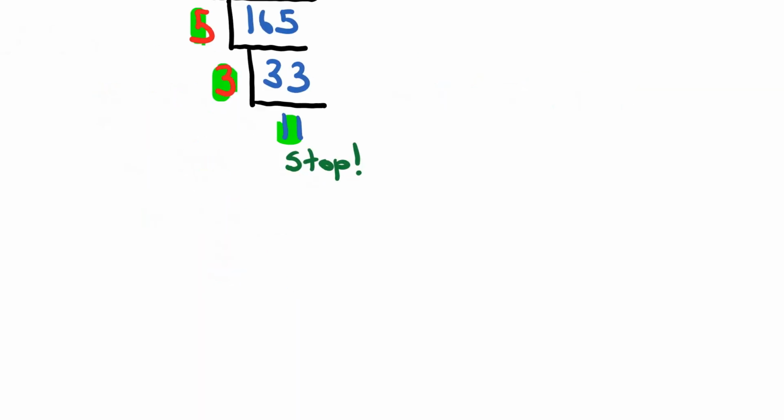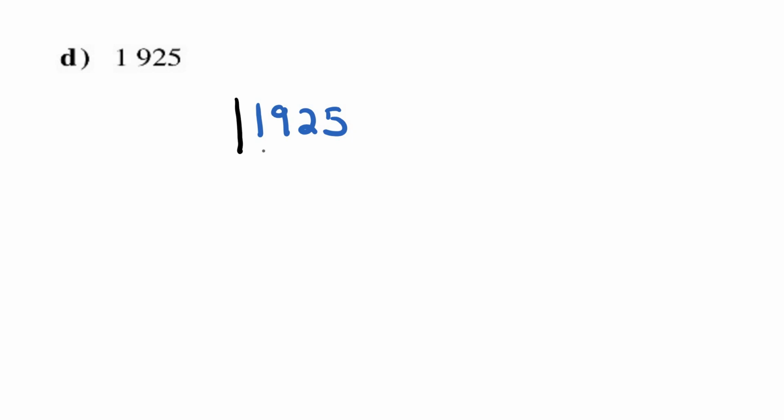Okay, let's keep on going here. For 10D, I have a bigger number, 1,925. So I'll take my whole number, 1,925, and create this sideways L because the question is asking us to use this division table method.